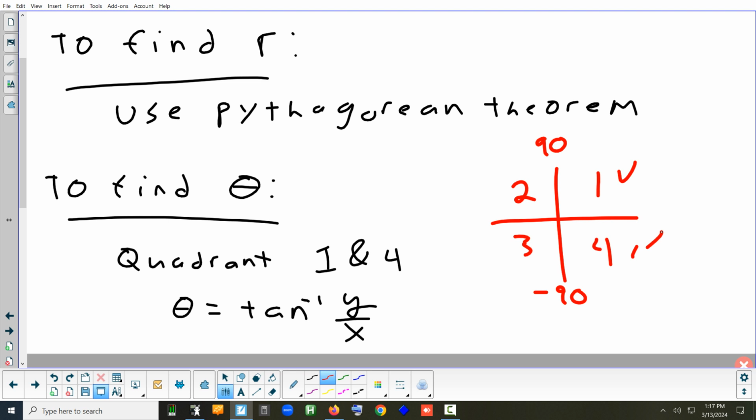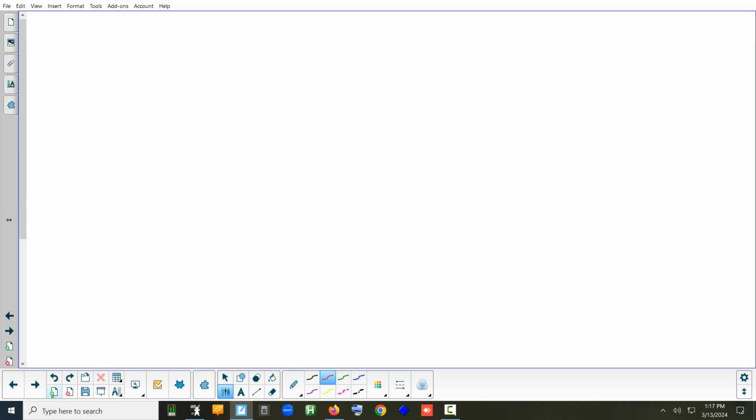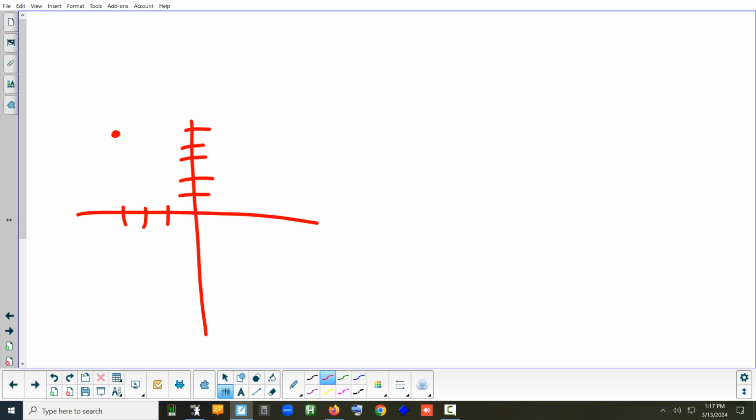So what do you do if you have a coordinate that's in quadrant 2 and you need to get the angle? Well, let's draw an example, see if we can figure it out. This at least tells you how to do it in 1 and 4. Let's go to quadrant 2. Say I had this triangle right here, and I need to figure out this angle.